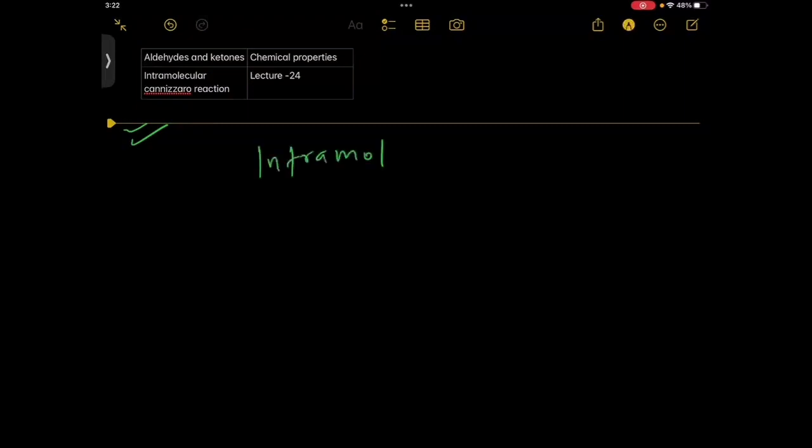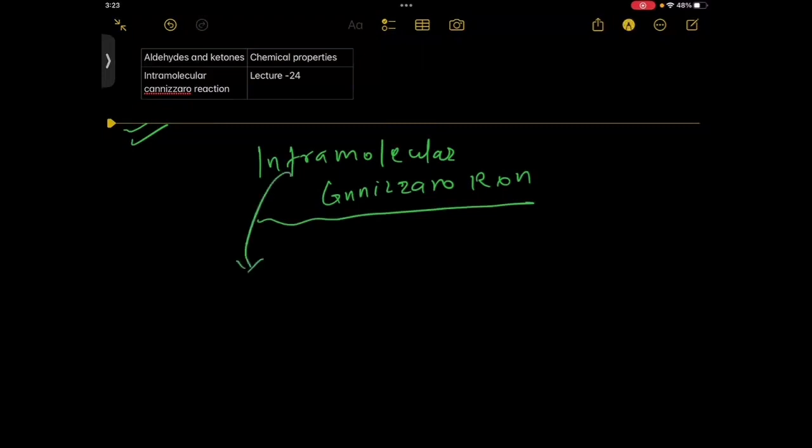So let's start. Intramolecular Cannizzaro reactions. So what are intramolecular Cannizzaro reactions? Intramolecular means within the same compound, the Cannizzaro reaction will happen.